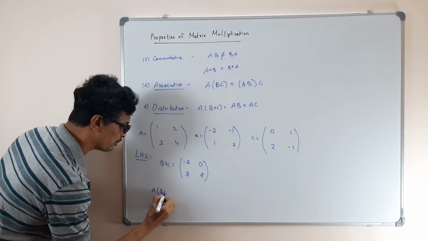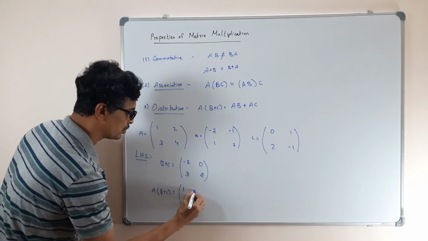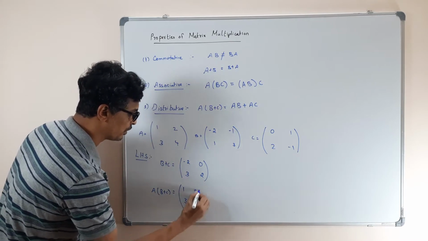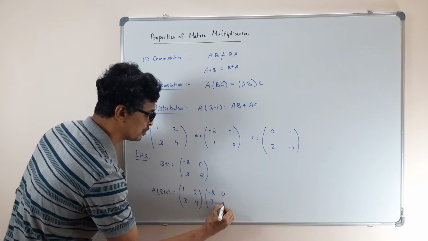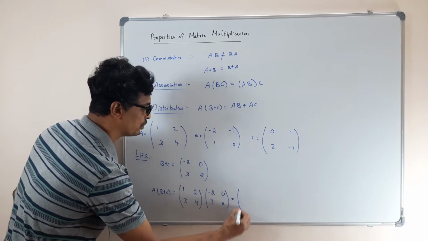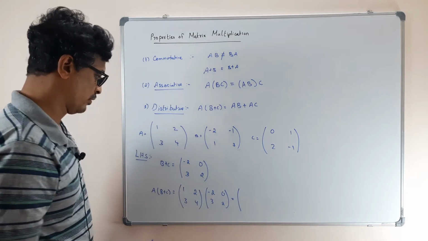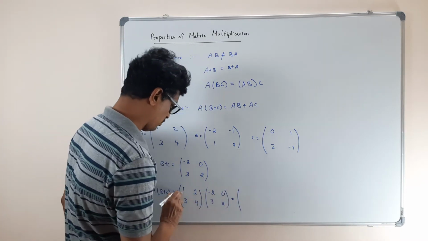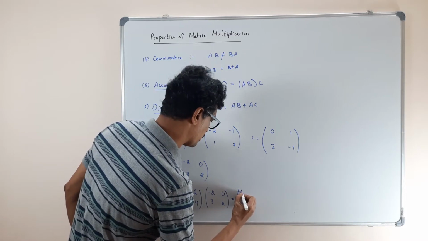And A into B plus C, correct? A into B plus C will be equal to what? A is 1, 2, 3, 4 and B plus C is minus 2, 0, 3, 2. Tell me, minus 2 plus 6, 4. Correct?